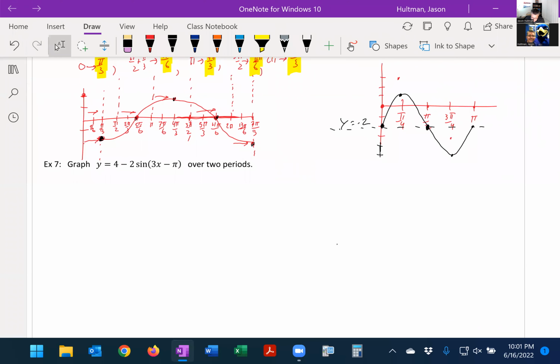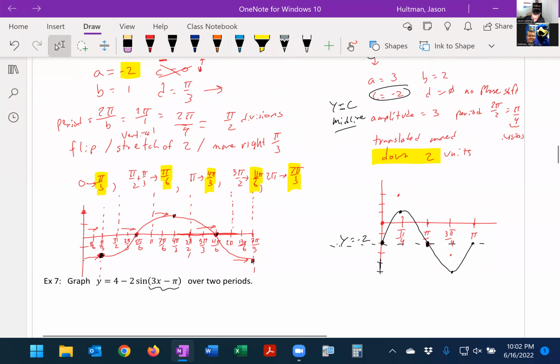This one says to graph this over 2 periods, so we're going to have a pretty long graph here. Let's see what's happening with this one. The problem here is that it's not in the right form.